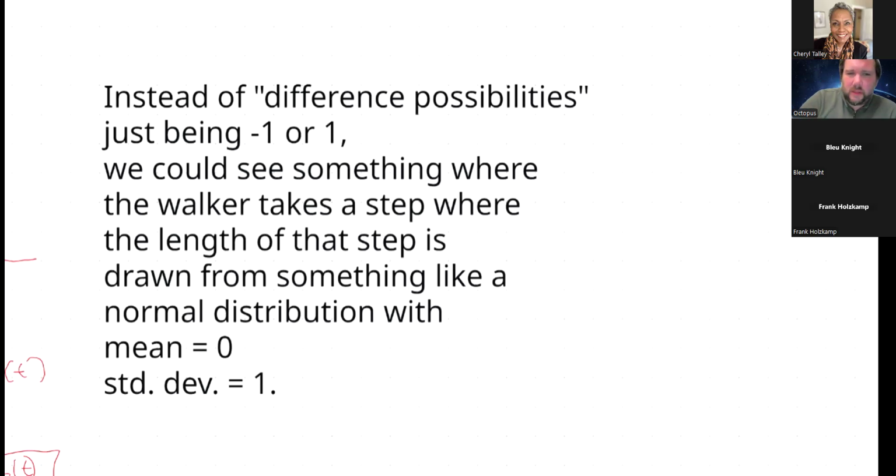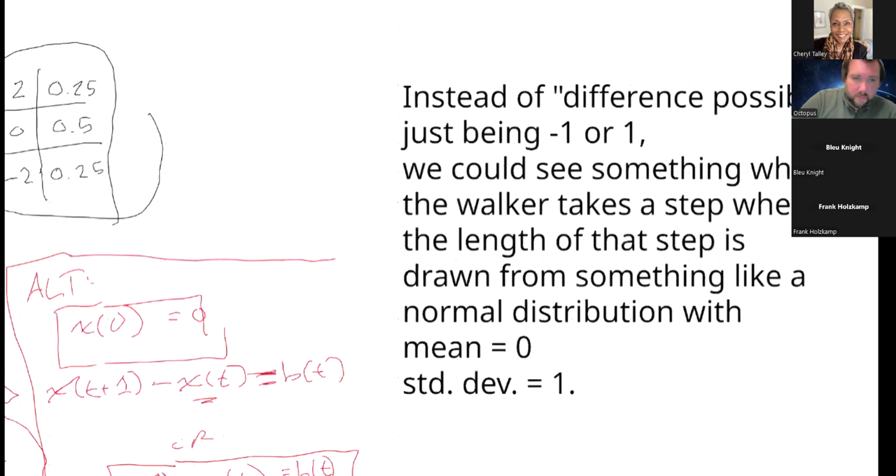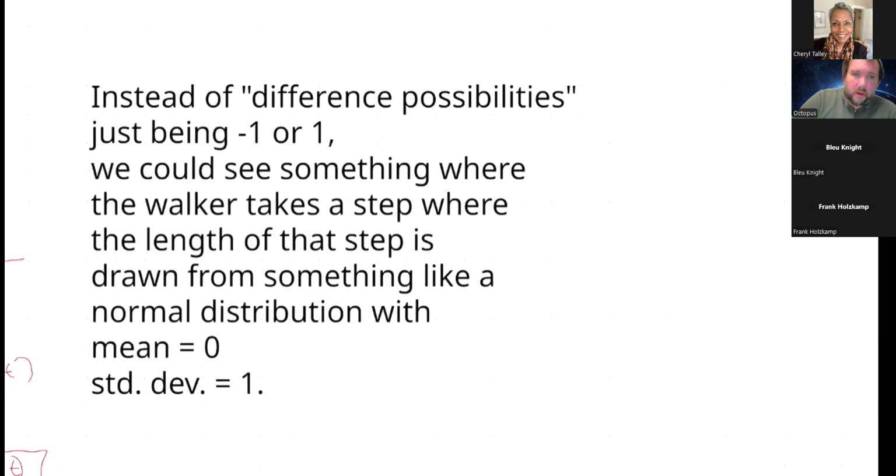So it becomes a little bit less concrete in terms of just writing these out. But it's doable.